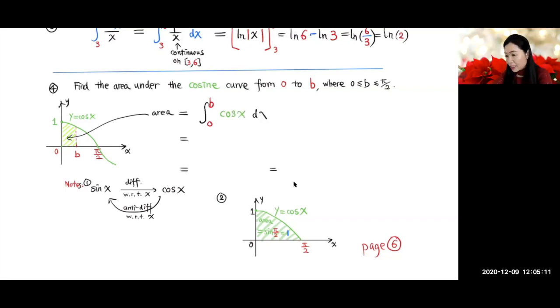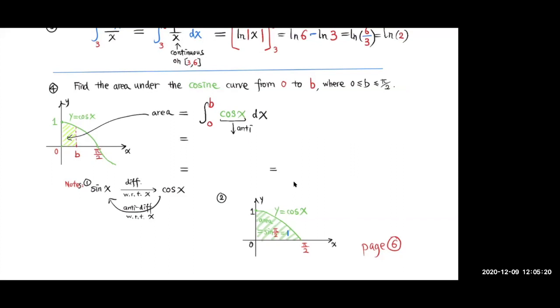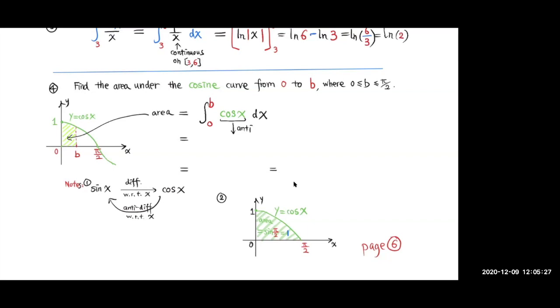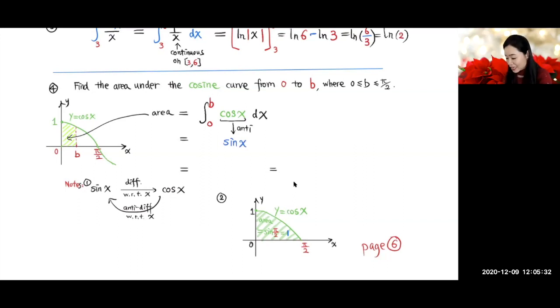Very good. Now we just need to find an antiderivative of this. What's the antiderivative of this? Sine x? Yes, sine x. Remember, be very careful with this. When you find an antiderivative, you have to think about what function differentiates to give you this.